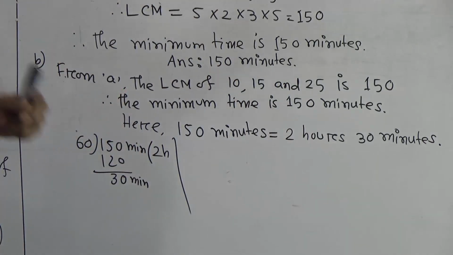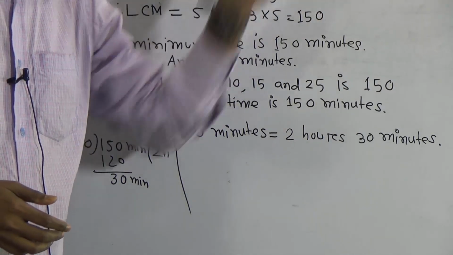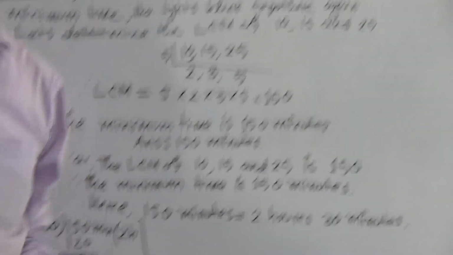Okay? Now question. If the 3 lights blink together at 6:25 p.m., that means 6 hours 25 minutes, then what time will they blink together next time?